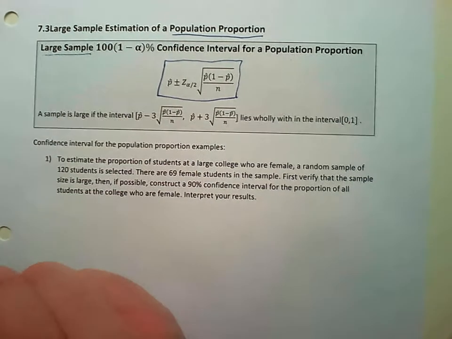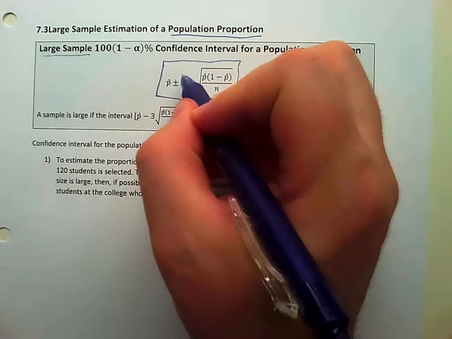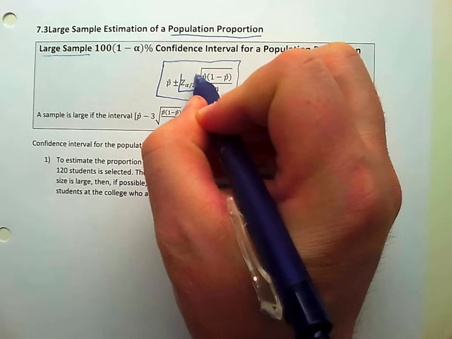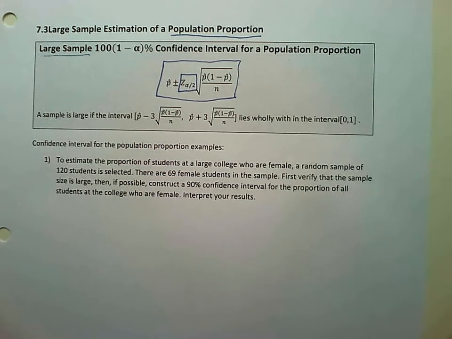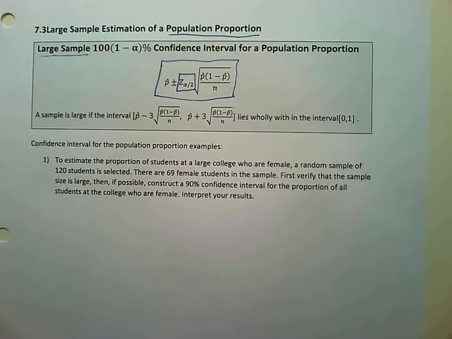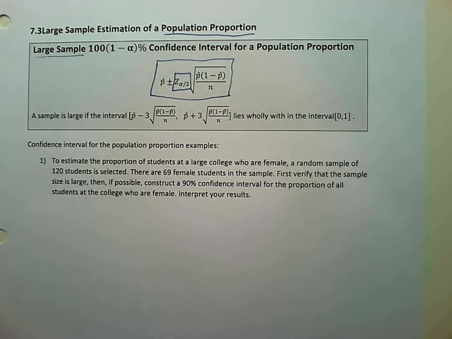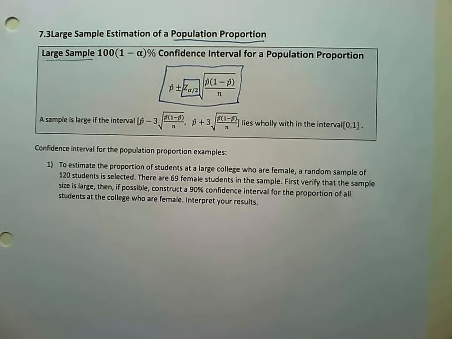And since we're dealing with large samples, the only thing that we're ever going to use right here is always going to be a z value. We're never going to have t values whenever we're trying to calculate the confidence intervals for population proportion.